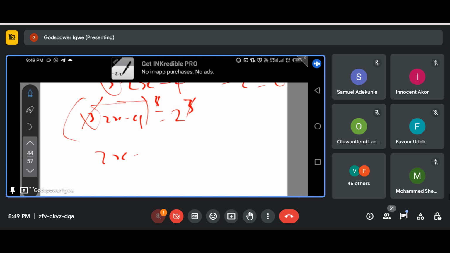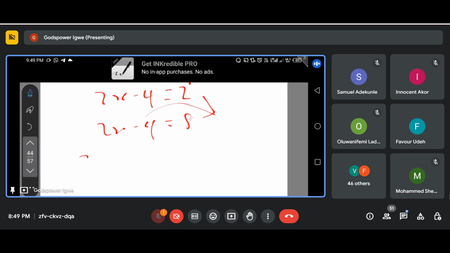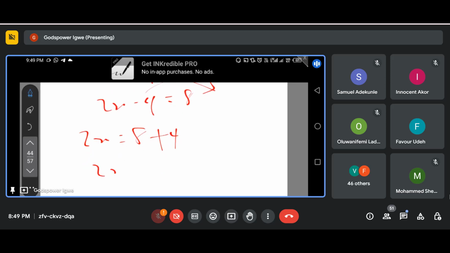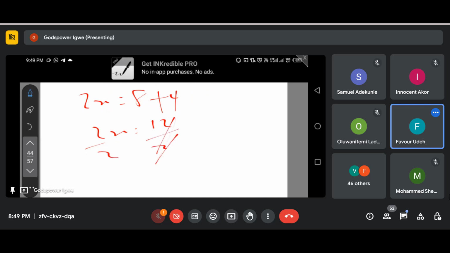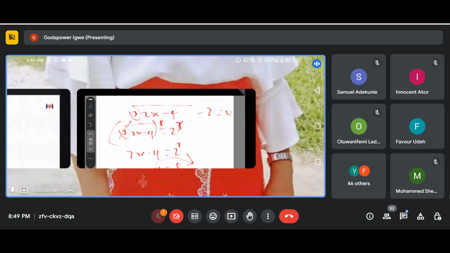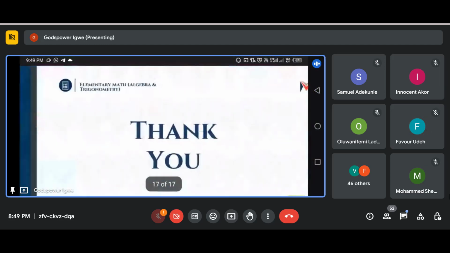So we're having 2x minus 4 is equal to 2 raised to power 3. 2 raised to power 3 is 2 times 2 is 4, 4 times 2 is 8. So we transfer this to the other side. So we have 2x is equal to 8 plus 4. Then we have 2x is equal to 12. Then this is over 2. So our x is equal to 6. So that is simple. Now, we move over to the summary.